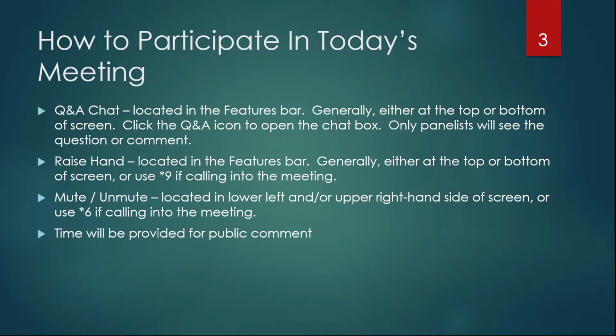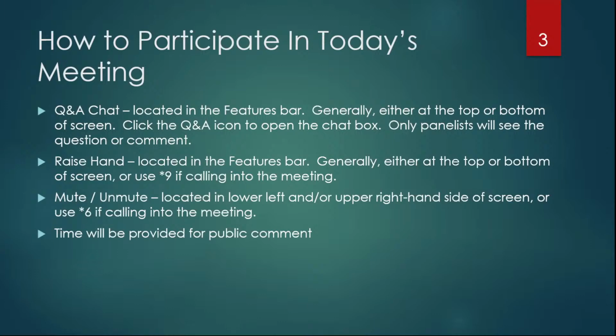And then we'll also provide opportunity for oral questions, which you can cue yourself for by raising your hand. The raise hand feature is also located in the same toolbar as the Q&A feature. And if you are not on the Zoom app, you're calling in perhaps, you can still raise your hand by using *9 on your touchpad phone.